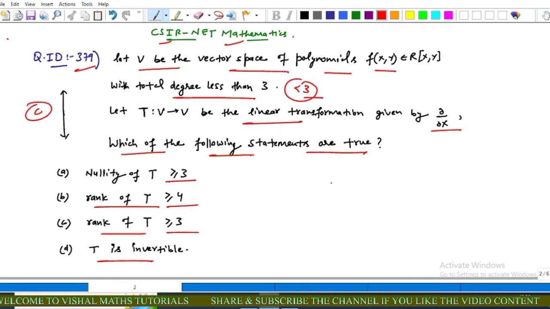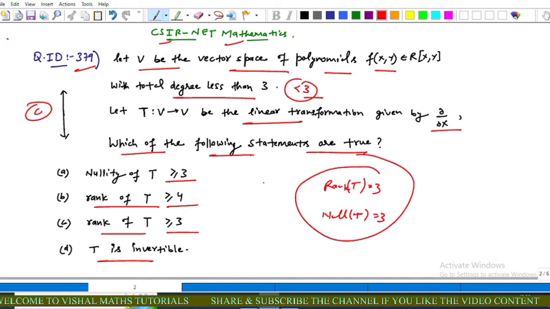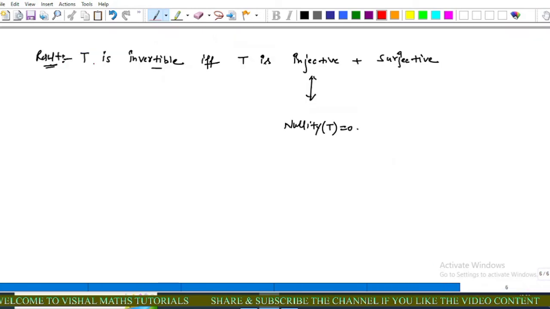Now come to the options. From the previous discussion we have rank of T = 3 and nullity of T = 3, and this implies that option A is correct, option B is incorrect, option C is correct. Now for option D, T is invertible: as we know, a linear transformation T is invertible if and only if T is injective and surjective.